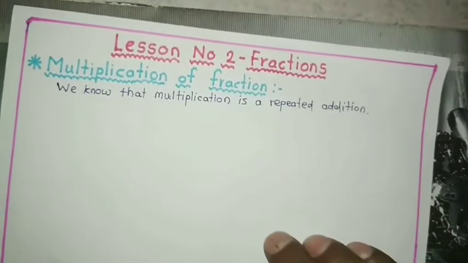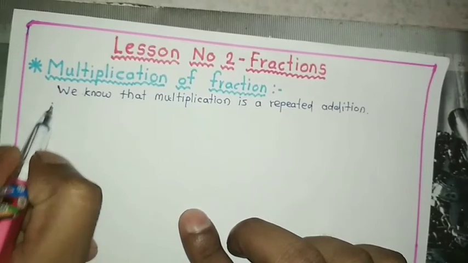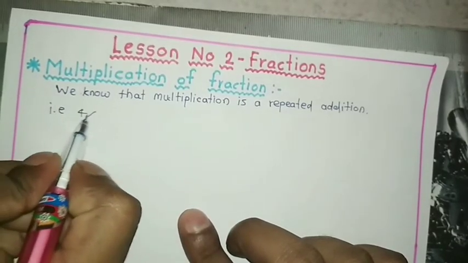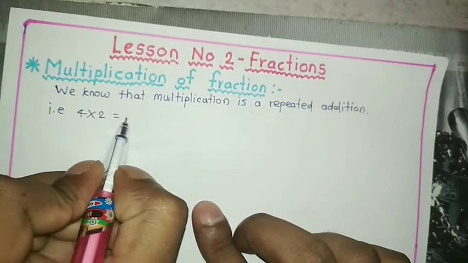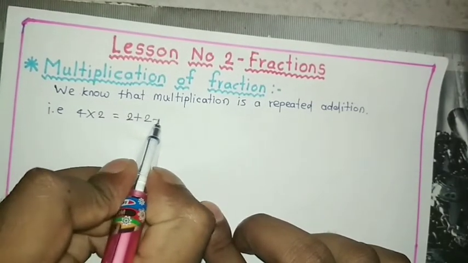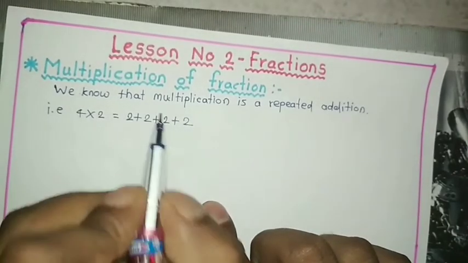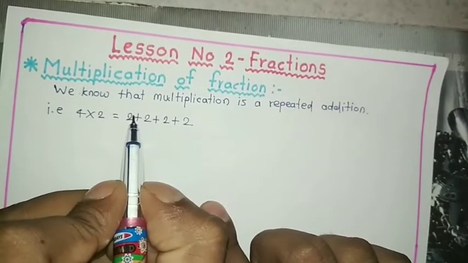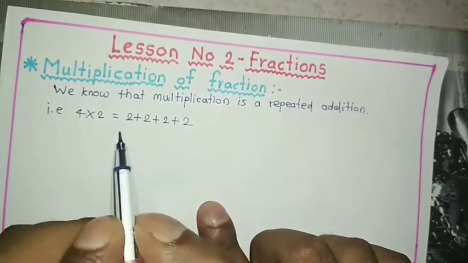Then if we multiply 4 into 2, how do we write this 4 into 2? 2 plus 2 plus 2 plus 2, which means multiplication is a repeated addition. So 4 into 2, I write 2 plus 2 plus 2 plus 2.